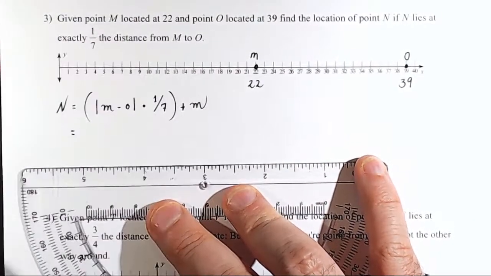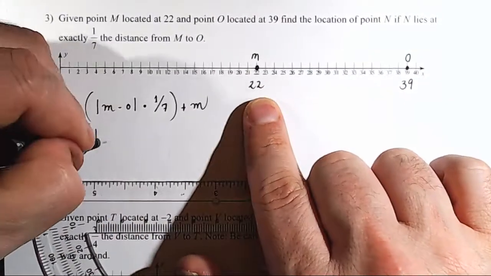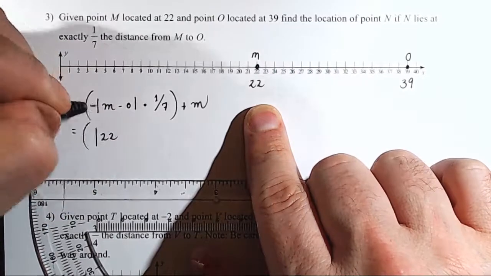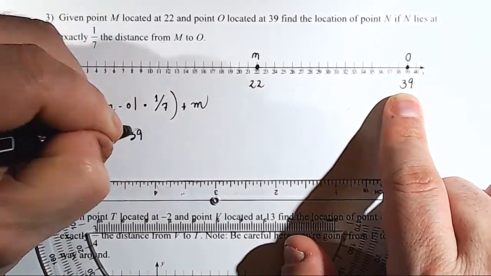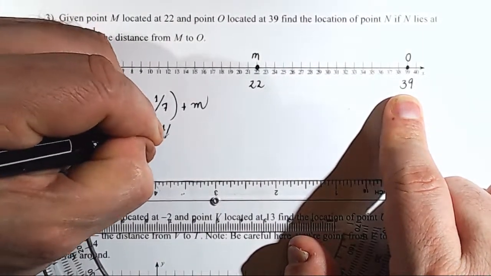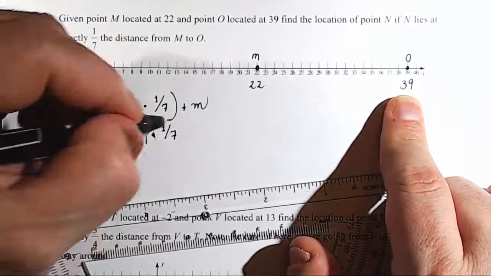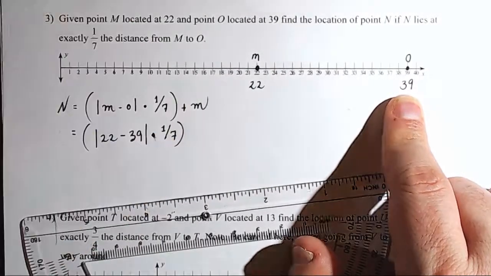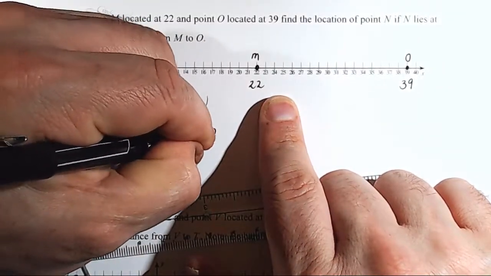That'll be equal to, open parentheses, absolute value, and M is 22, minus 39, close absolute value bar, times 1/7, close parentheses, and then plus M, which would be plus 22.